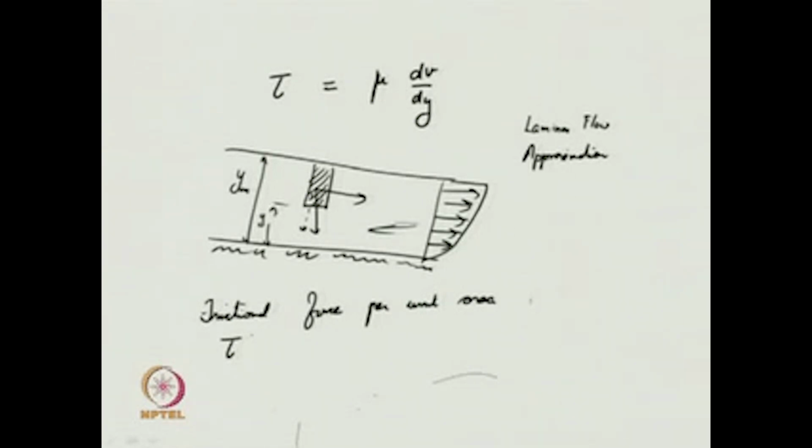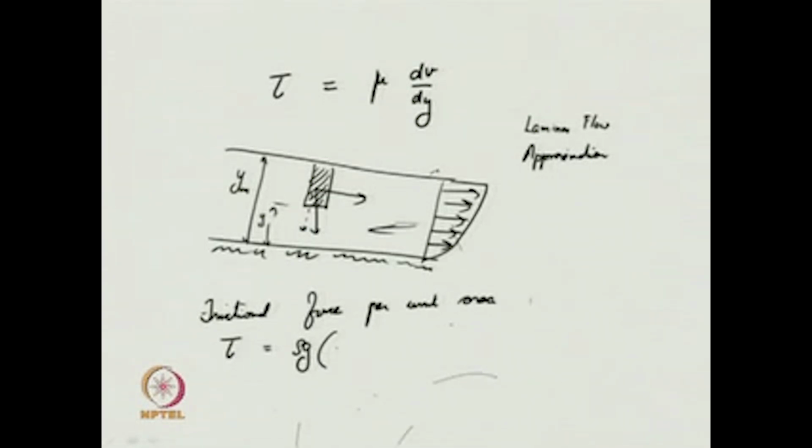You know that force per area gives you the stress component in many situations; stress has units of force per area. So let us call that the shear stress. This is nothing but rho g into the depth, which here is ym minus y, where rho g is the weight of the liquid within this particular depth.